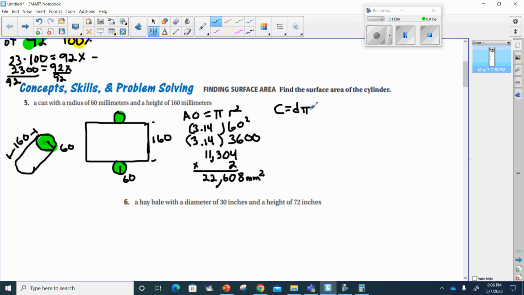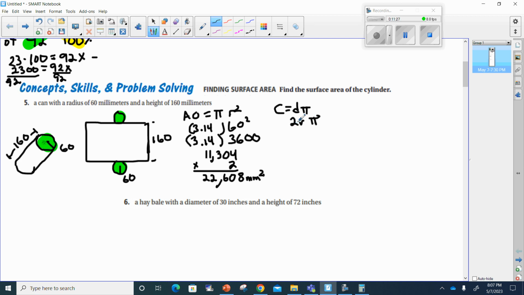Now the other formula, of course, because diameter equals 2 radiuses, is 2r pi. Both of these are the same. All I did was replace d with 2 r's, because we know that if the radius is halfway across, then the diameter is all the way across. So we're going to take 60, multiply it by 2, right?